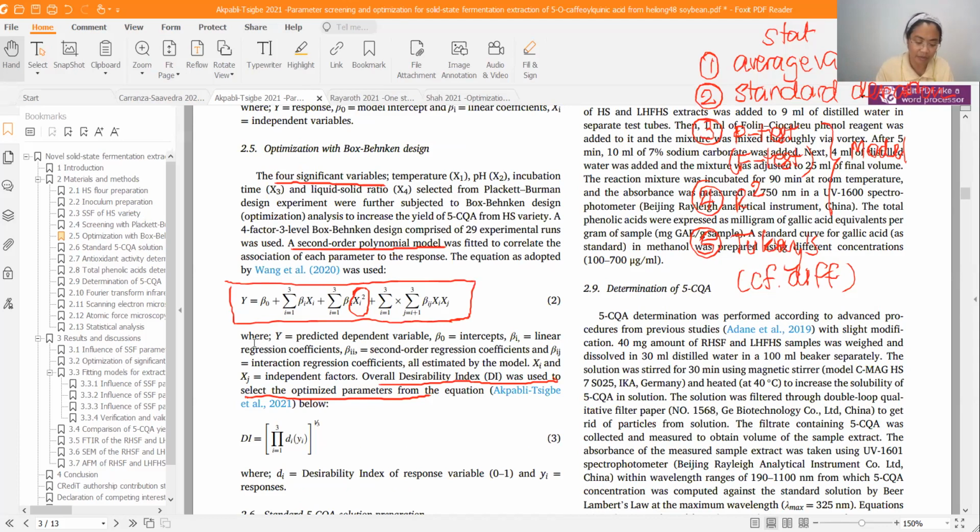So I'm pretty sure that DI, since the desirability factor is from 0 to 1, normally the values closer to 1 are the ones you say are the best fit. So in this paper they're using DI instead of the mean square errors as in the other case.